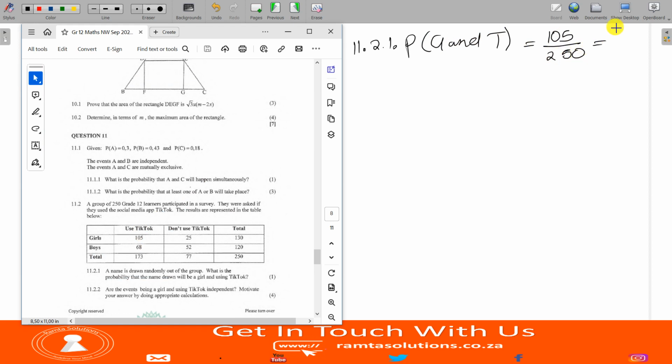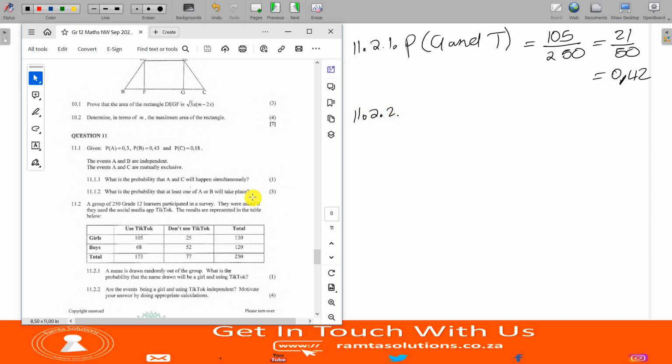This can be simplified to 21 over 50. 21 over 50 is the same as 0.42. The reason I'm writing this in decimals is because I see a contingency table. Later on, we might need to find independence, so it will assist.